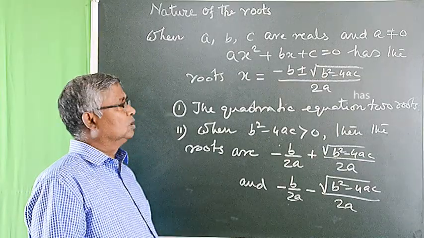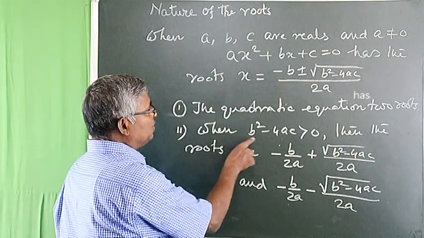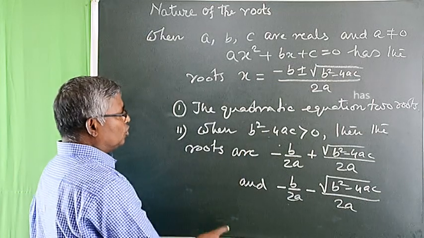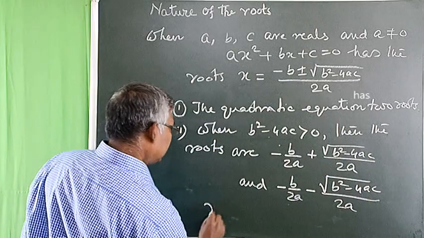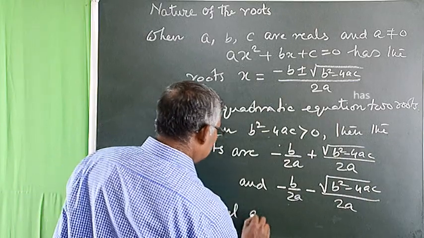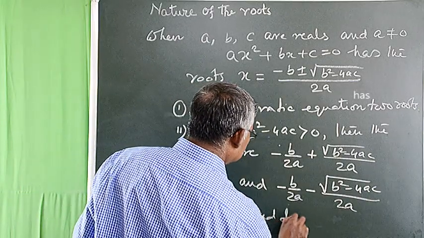Students, whenever b square minus 4ac greater than 0, the two roots are real and distinct.